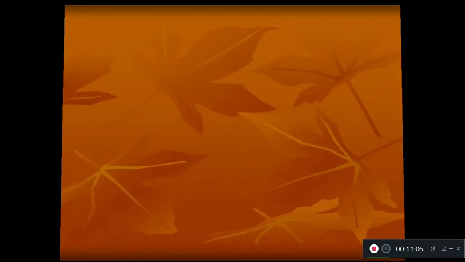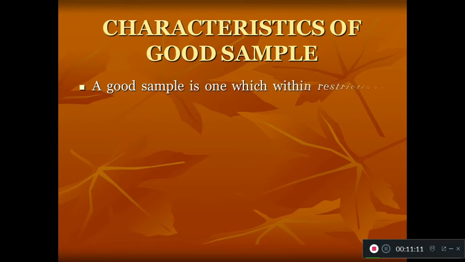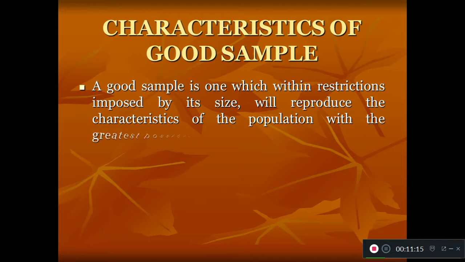Now let's see the very important thing: the characteristics of a good sample. The first characteristic: a good sample is one which, within the restrictions imposed by its size, will reproduce the characteristics of the population with the greatest possible accuracy.